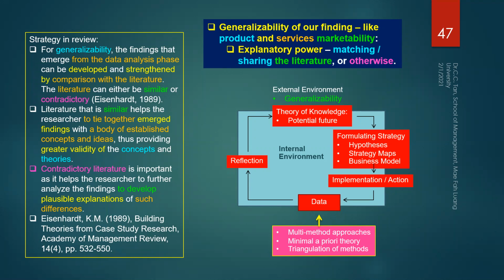We call it representative or population generalizability. So on the one hand we have representative or population generalizability, which is survey and quantitative. On the other hand, we have qualitative, interpretative, theoretical saturation or theoretical generalization. Okay, so generalization of our findings is very, very important. And from the strategic perspective, it means that you can market your product to different geographical areas, to different clusters.